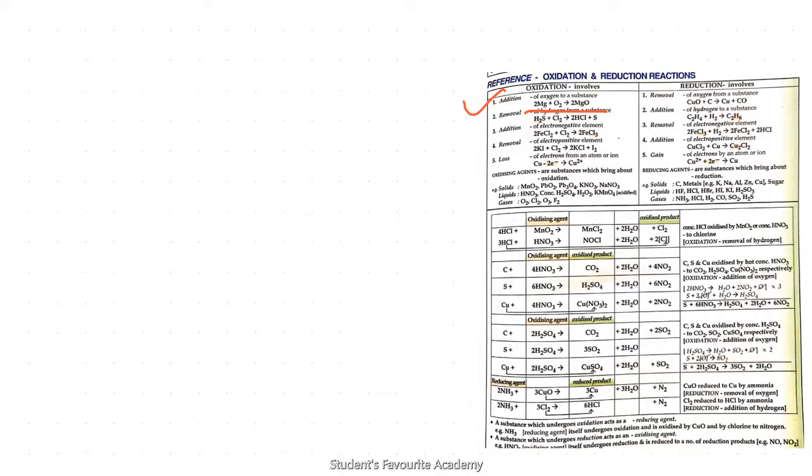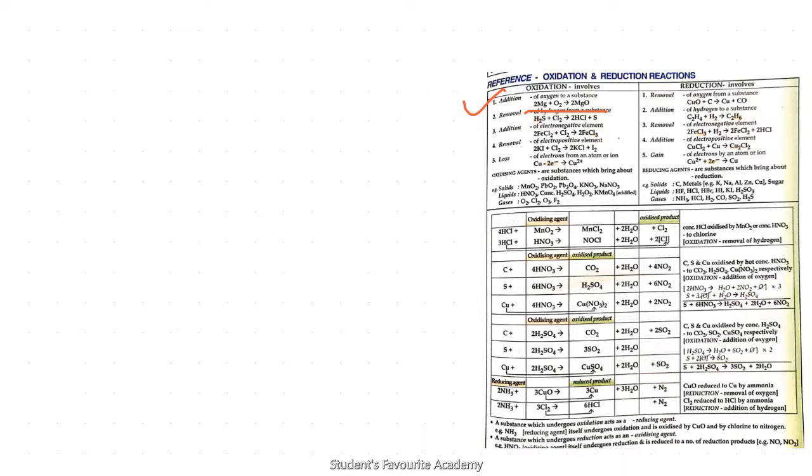Oxidation involves addition of oxygen, and reduction involves removal of oxygen. Then in oxidation, hydrogen is removed, and in reduction, hydrogen is added. Similarly, addition, removal, loss, other things have been given.